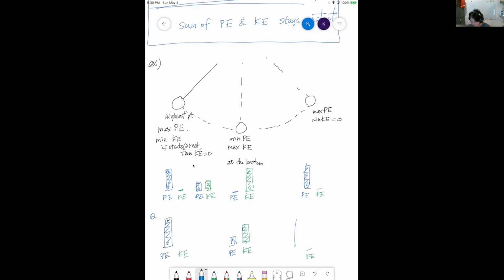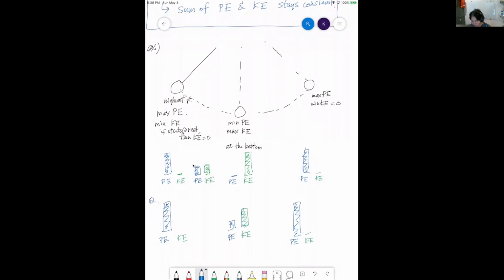And then potential energy. Can this graph be possible? Can this graph also explain the energy of pendulum motion?